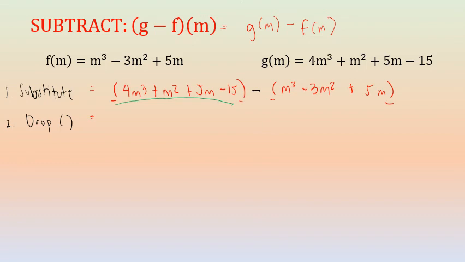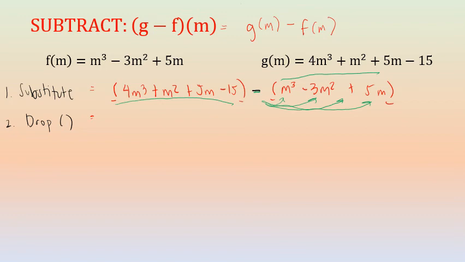But on this second function, what we have to do is to distribute itong ating negative sign to each of the terms inside our second function. So, di-distribute natin yan isa-isa. So, let's do this.